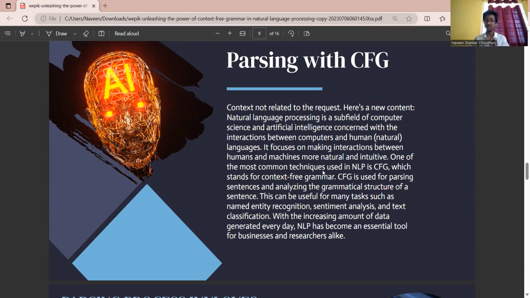This is useful for many tasks, some of them being entity recognition, sentiment analysis, and text classification, where parsing is used. With the increased amount of data generated every day, NLP has become an essential tool for businesses and researchers alike.